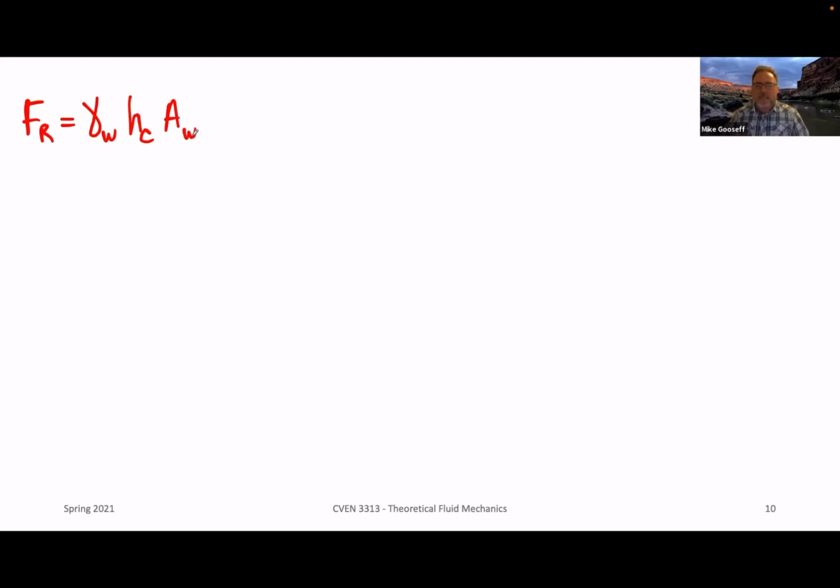So this is getting back to Braden's point. H sub C, let me just write this out. H sub C is the depth to the centroid of water acting on the gate.